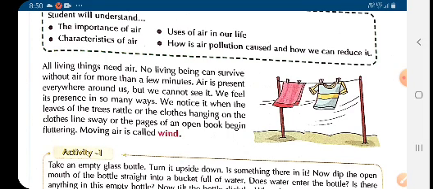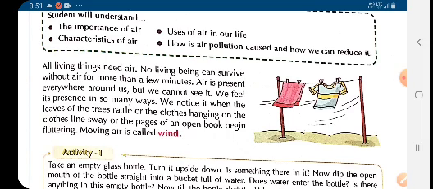If something doesn't have color or smell, would you be able to see or smell it? No. As it has no color or odor, we are not able to see it, but we can feel it. So air is all around us.